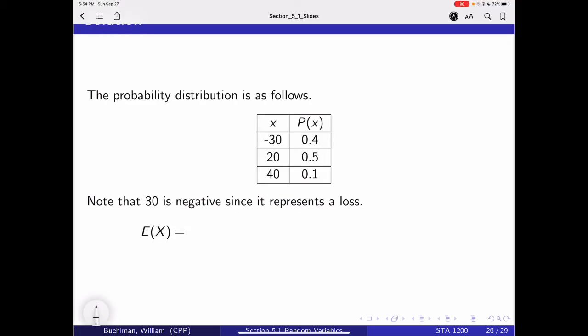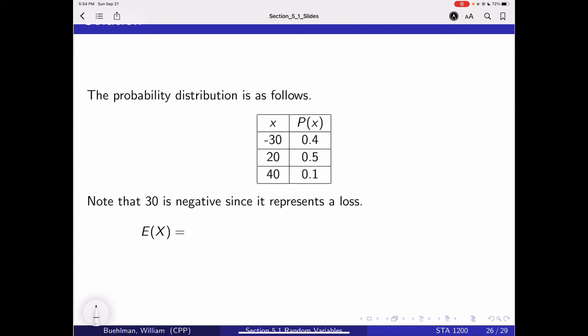The probability distribution is as follows. If you remember, we had 3 possible outcomes: a $30 million loss, a $20 million gain, and a $40 million gain with those associated probabilities. Note that 30 is negative since it was a loss.